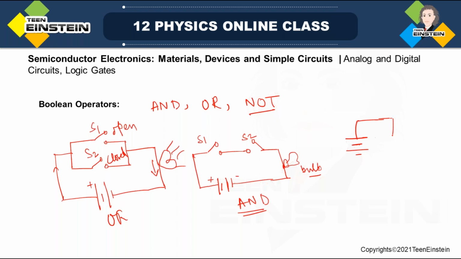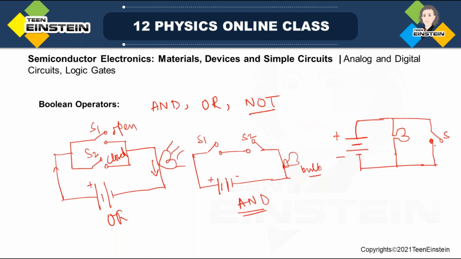The bulb is connected here somewhere. Now the switch is connected here. This is a single input. Switch means input. Look, now this is positive, this is negative.